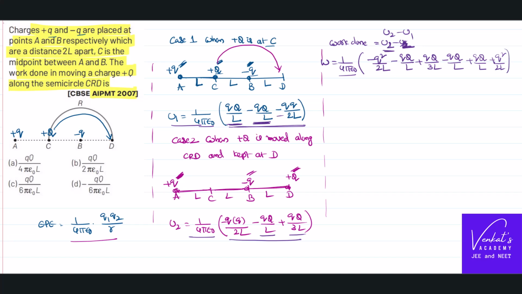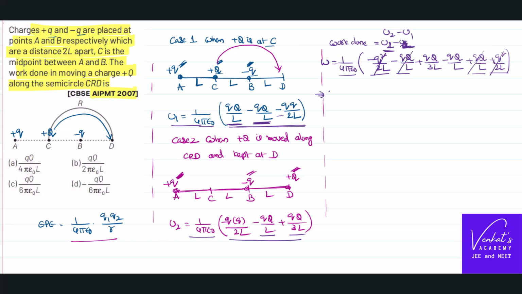That's the answer that we want to calculate. But if you look carefully, this is minus q square by 2L, this is plus q square by 2L. Both of them cancel. This is minus qQ by L, this is plus qQ by L. This also cancels. So what is remaining?